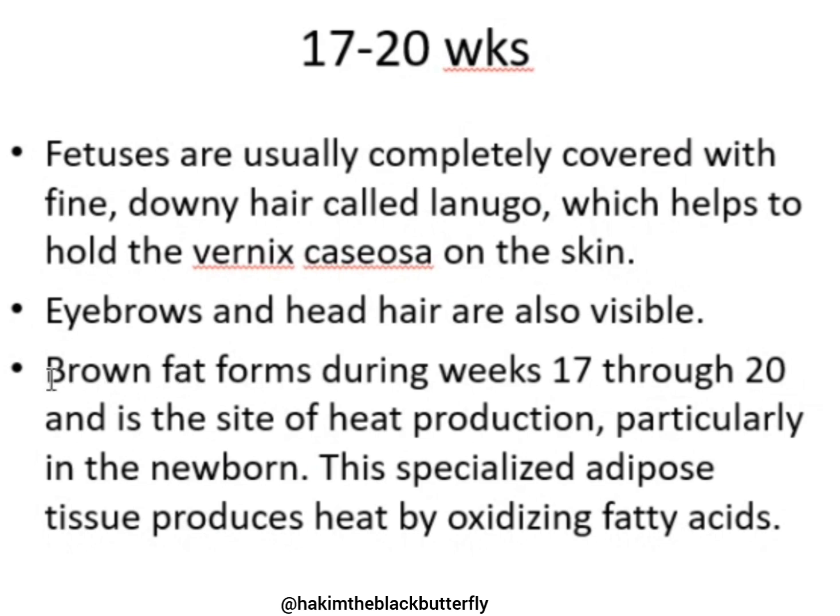We see the formation of brown fat. Fetuses and newborns have brown fat. Adults have white fat. Brown fat is highly metabolic and it produces sufficient heat to keep the fetus warm. So its formation begins between week 17 to week 20.